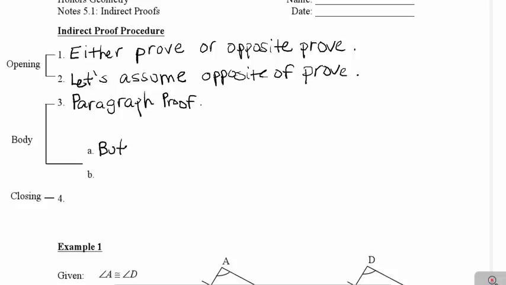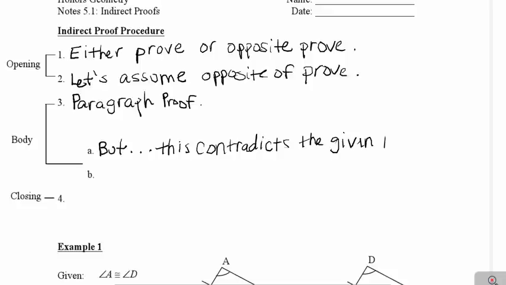And once we reach that contradiction, we write "but, this contradicts." And usually we're trying to always contradict a given. So this contradicts the given that states, or usually we write the given that's being contradicted.